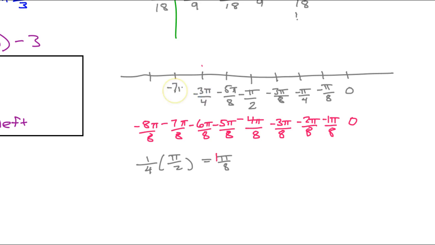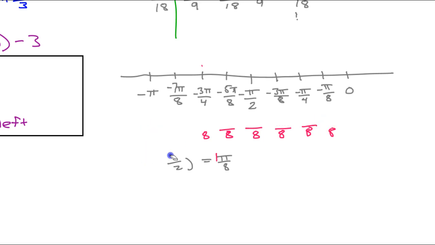Negative 7 pi over 8 can't reduce. But negative 8 pi over 8 is just negative pi. Okay, so now I've got all the values that I need to graph this function. Just get this stuff out of the way.